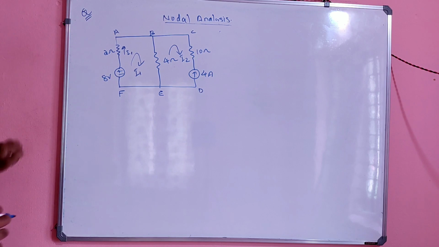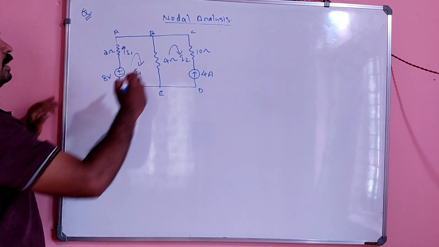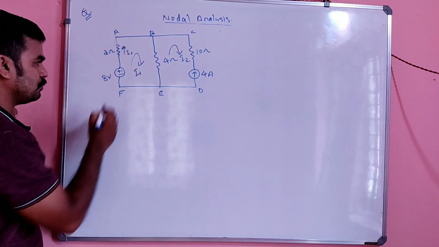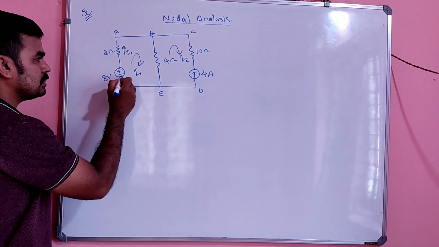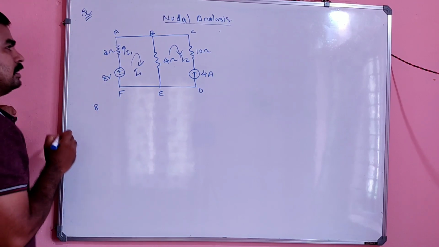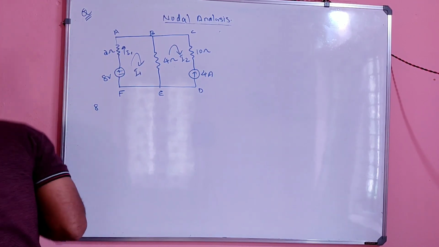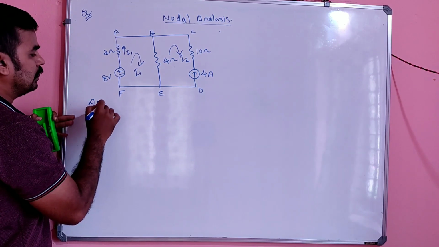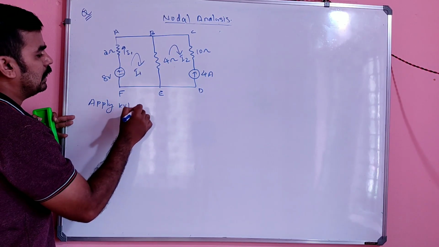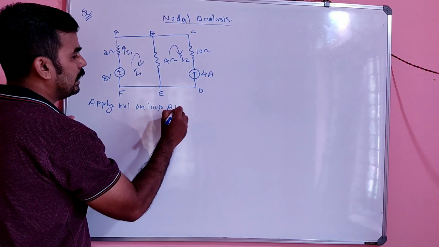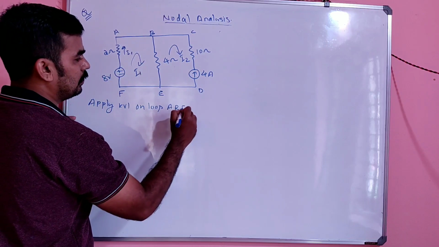So simply I can apply KVL. I'm starting from here to here, going from minus to plus, which means increasing potential. You can write like this: apply KVL on loop ABEFA.